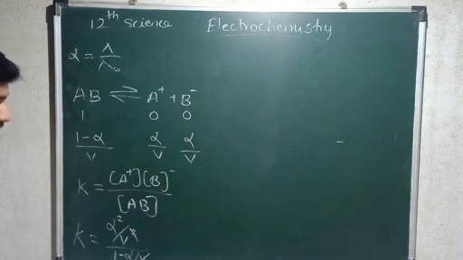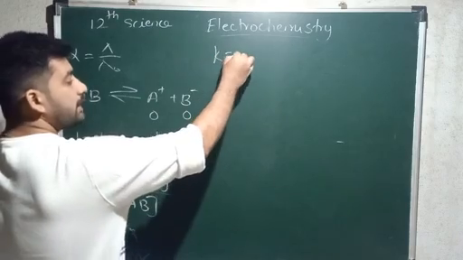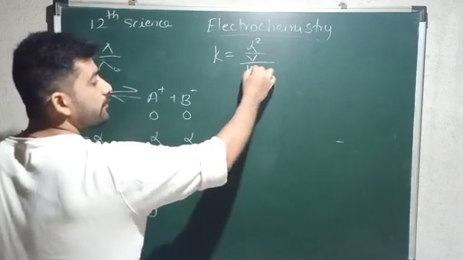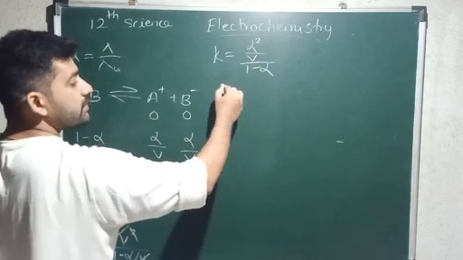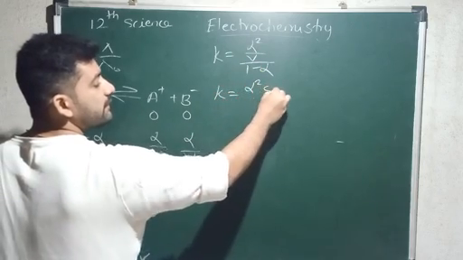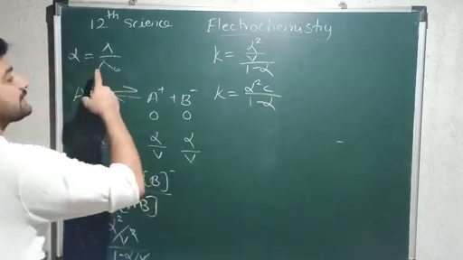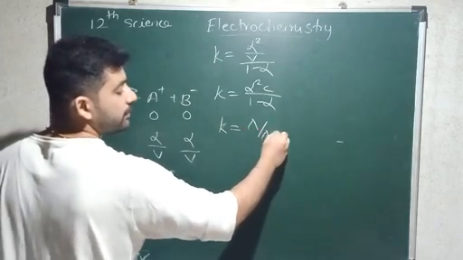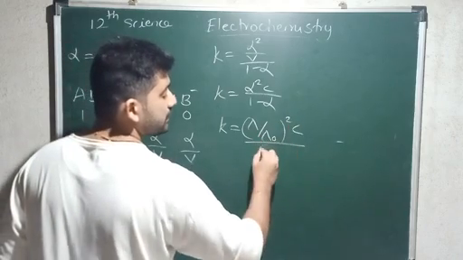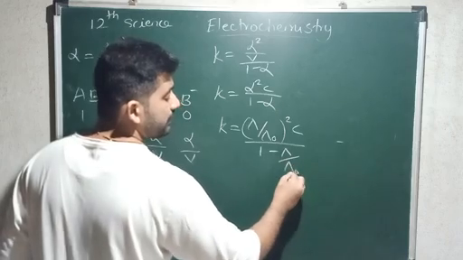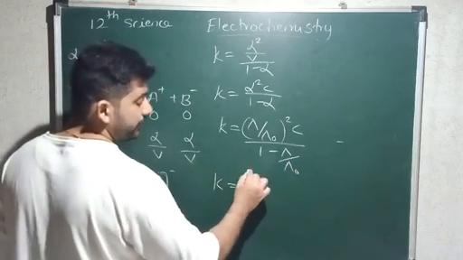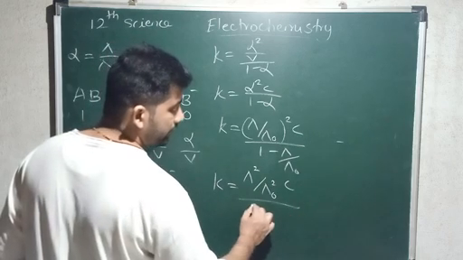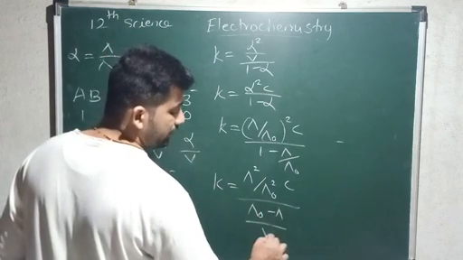V and V square will get cancelled, and we get K equal to alpha square upon V upon 1 minus alpha. We know that 1 upon V is concentration, so K is equal to alpha square C upon 1 minus alpha. Now let us substitute the value of alpha: K is equal to lambda upon lambda 0 bracket square into C upon 1 minus lambda upon lambda 0. Now we open the bracket: lambda square upon lambda 0 square into C upon lambda 0 minus lambda upon lambda 0.